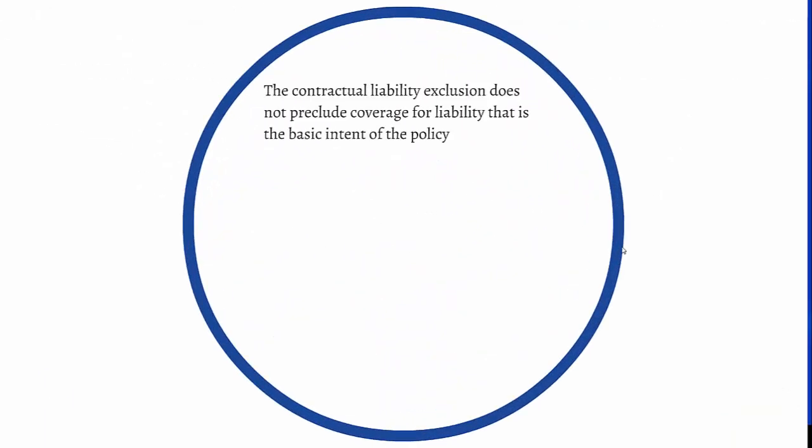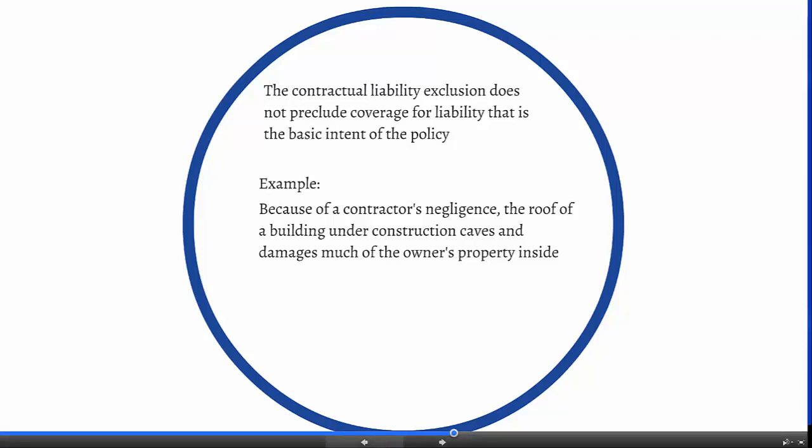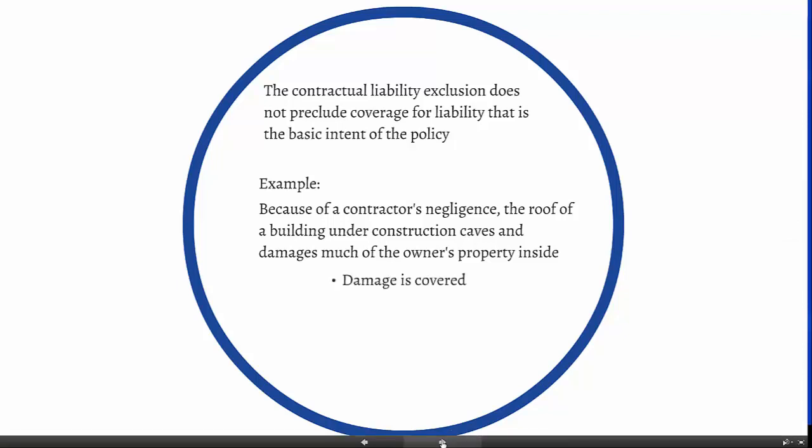The contractual liability exclusion does not preclude coverage for liability that is the basic intent of the policy. For example, because of a contractor's negligence, the roof of a building under construction caves and damages much of the property inside. Even though there was a contract between the contractor and the owner of the building, the damage to the property inside would be covered because the contractor was negligent.